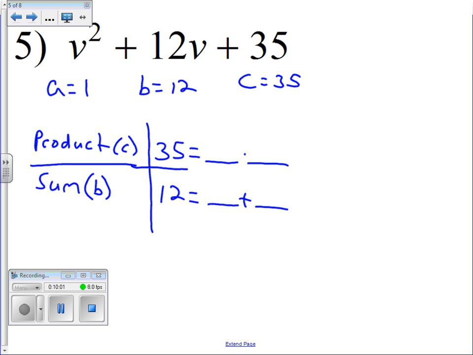So what are the factors of 35? We have 1 and 35, 5 and 7, and that's it. It's nice when we don't have that many.